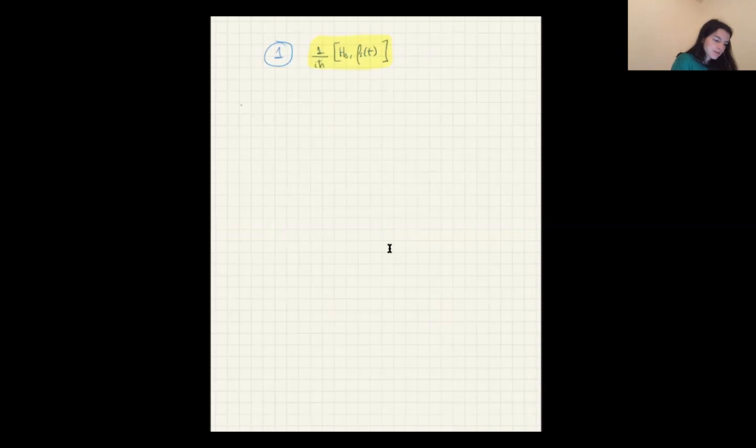So we have epsilon over i hbar, because H_S was just 1, 1, right? And then we have here rho_S of t. So we have this to solve. And then what is this? So this matrix is this matrix. Because it's a qubit, it's easy to do it in matrix form.